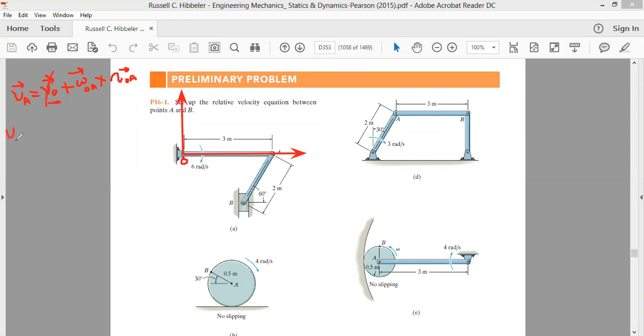We'll get velocity of A is equal to angular velocity of OA. As far as angular velocity of OA is concerned, that is given to us, that is 6 radians per second. Now curl your fingers in the direction of this arrow. The arrow is given to us, it is clockwise. If you curl your fingers in clockwise direction, your thumb will go inside.